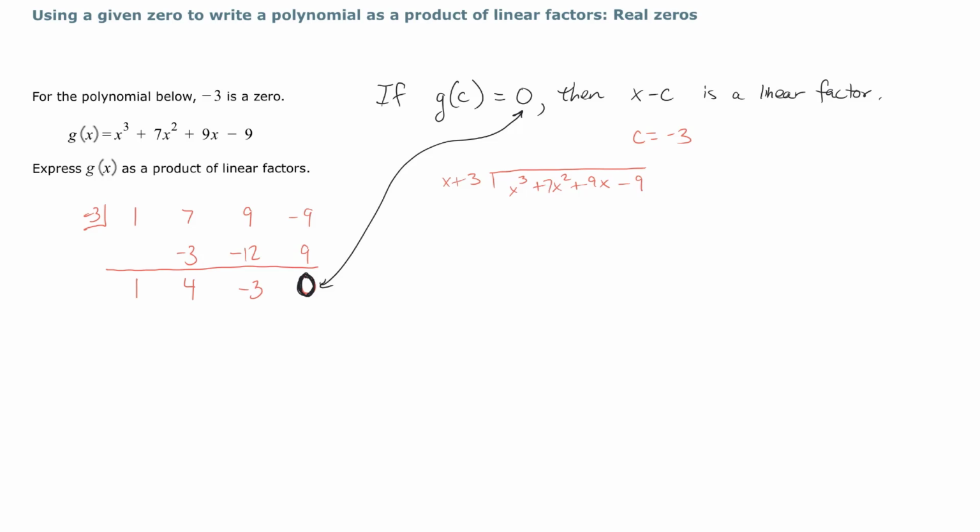What this means is that now we have actually rewritten g of x as this. G of x is one linear factor, x plus 3, multiplied to a polynomial that's 1 degree less. So that would be x squared plus 4x minus 3.